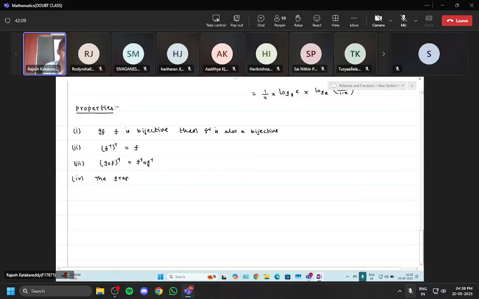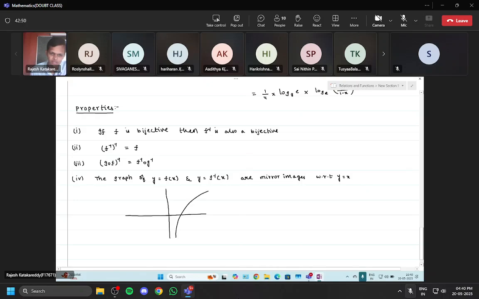The graphs of y is equal to f of x and y is equal to f inverse of x are mirror images with respect to the line y is equal to x. For example, e power x and log x are both inverse functions. For log x, the inverse is e power x, and for e power x, the inverse is log x.